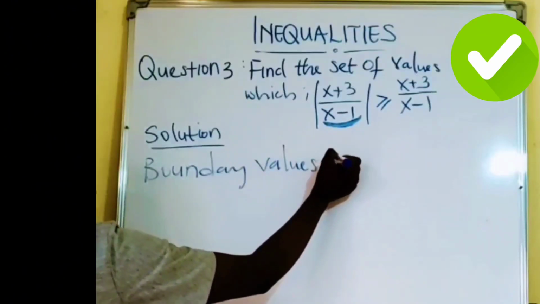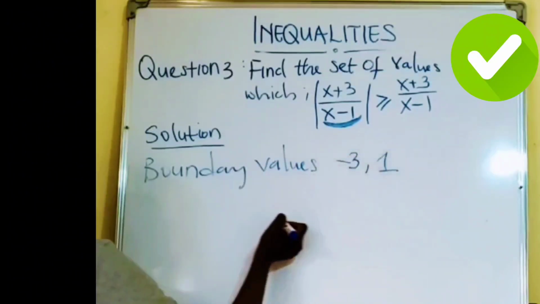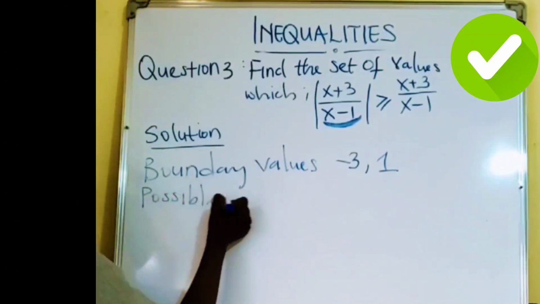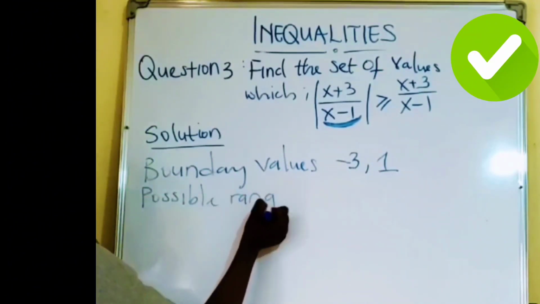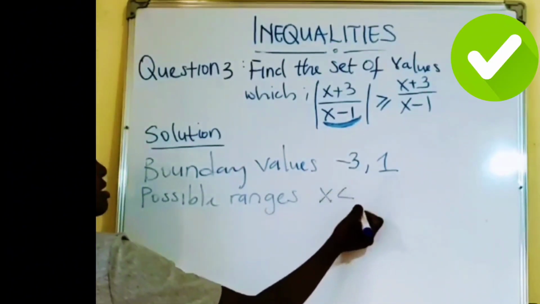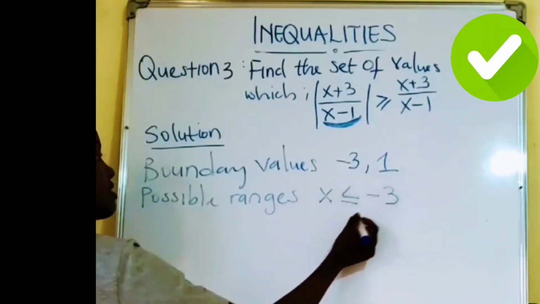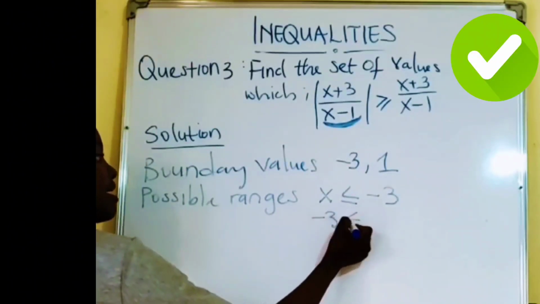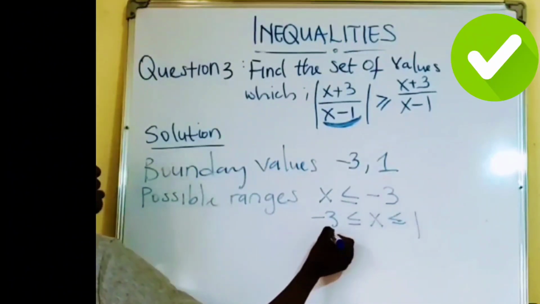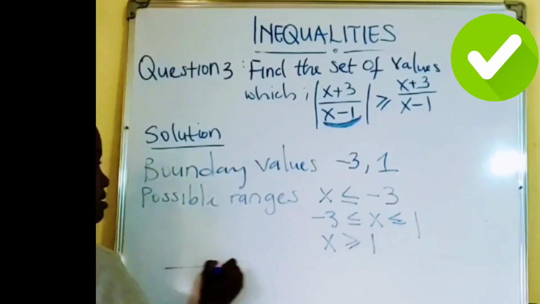Our boundary values are negative 3 and 1. Our possible ranges are x less than or equal to negative 3, x lying between negative 3 and 1, and x greater than or equal to 1.